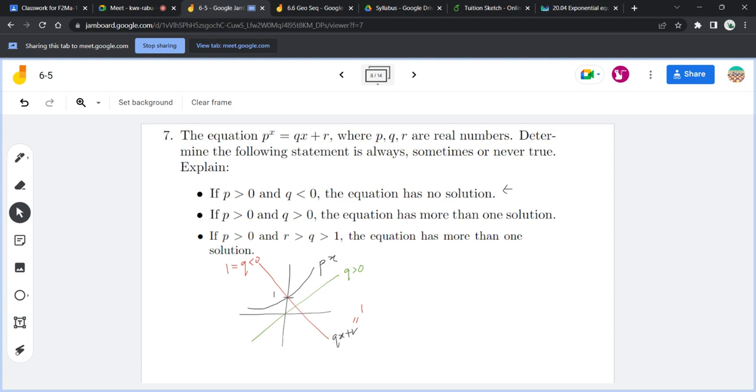This y-intercept. I mean, this line has y-intercept 1. So this line qx plus r is equal to p to the power x.